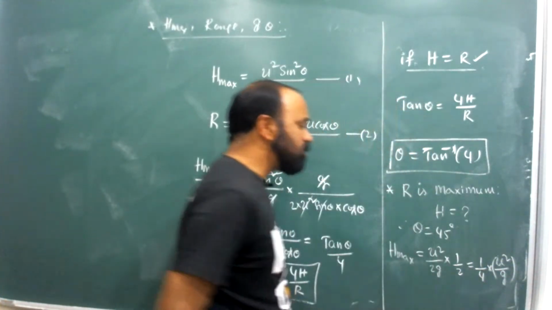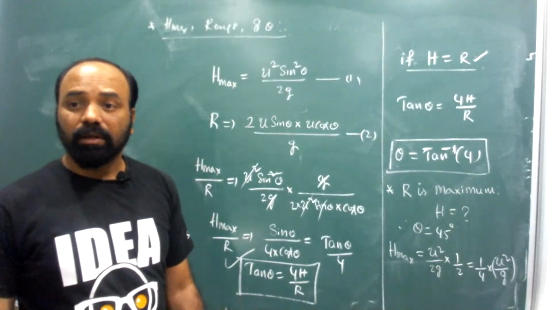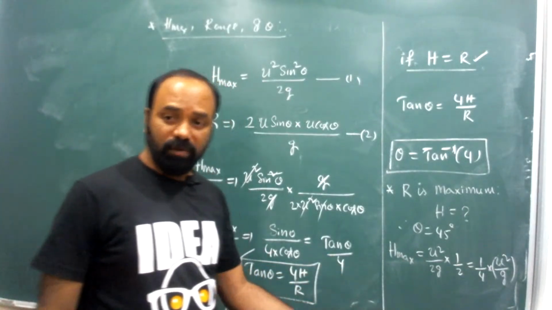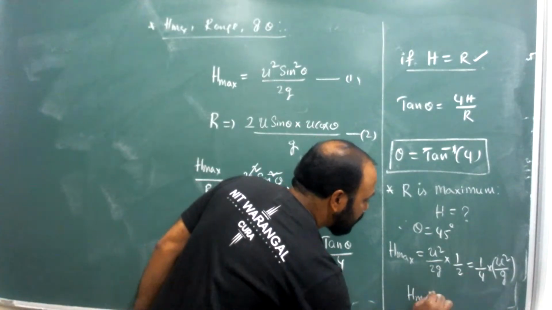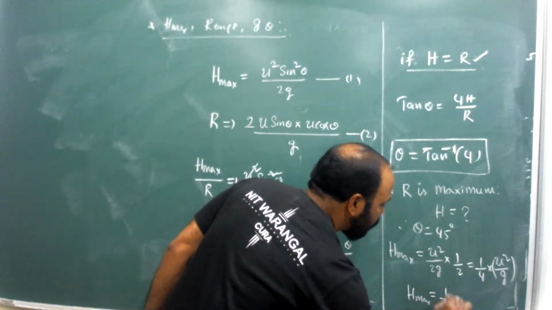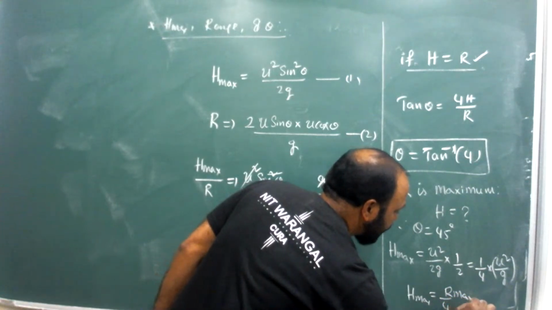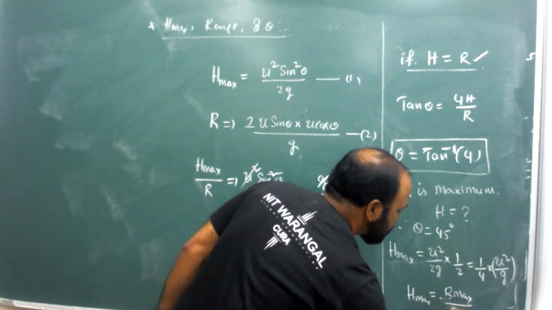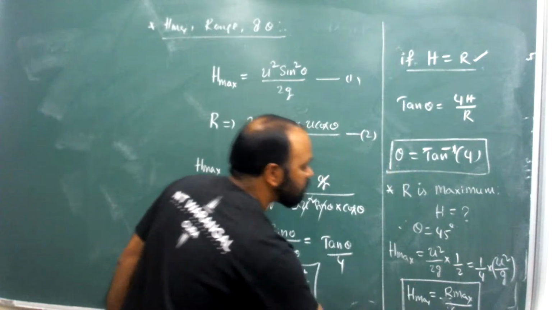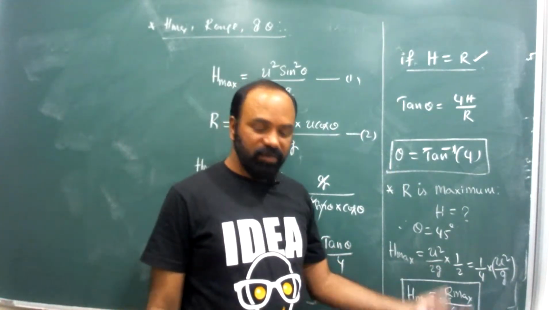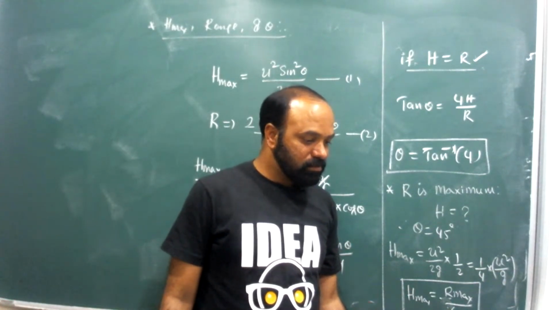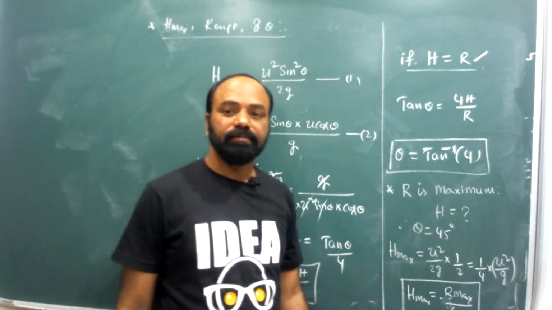So what is the maximum range formula? Maximum range is u square by g. So H maximum we can write as 1 by 4 times R maximum, otherwise R max by 4. Otherwise, R max equals 4 times H max. Is it clear?